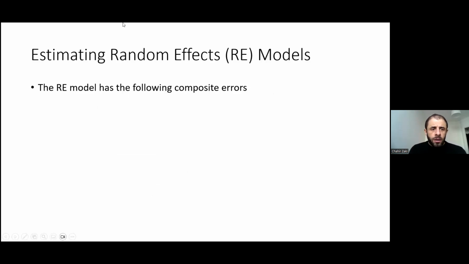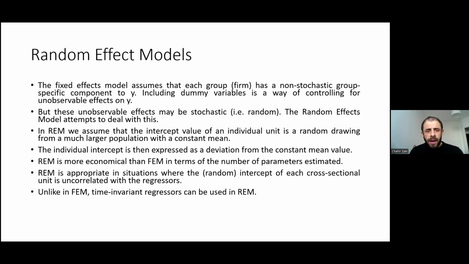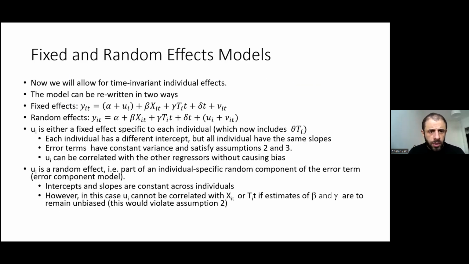Okay. So this means that back to the first equation that we were talking about, here the error term includes also the u_i, because the u_i is part of the intercept. Here the u_i is part of the error term, which means at the end of the day that there are some individual effects included in the error term and that might make the variance of the error term not constant.